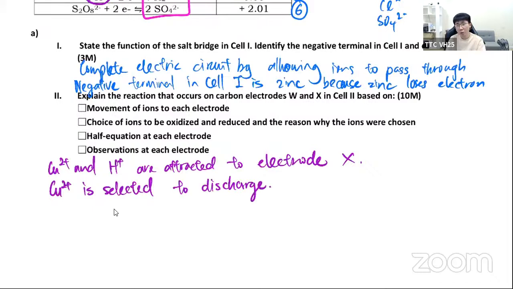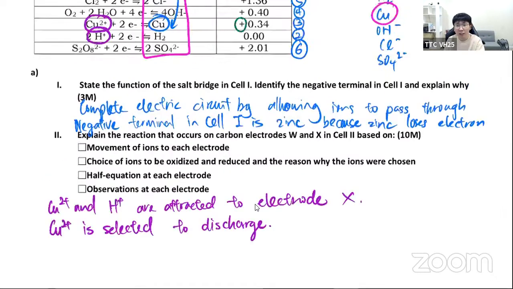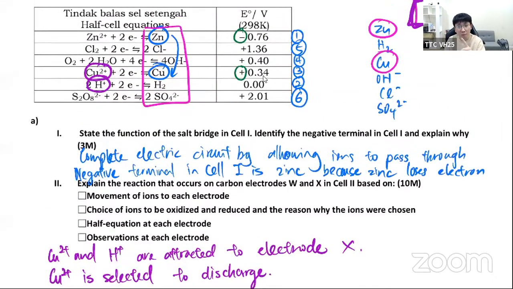But what's the explanation? They ask you to state the reason why you choose Cu2+. We choose Cu2+ because Cu2+ is a stronger oxidizing agent. But besides stronger agent, there is another way to explain it, depending on the E0 value. The E0 value of Cu2+ is bigger, while H+ is lesser.